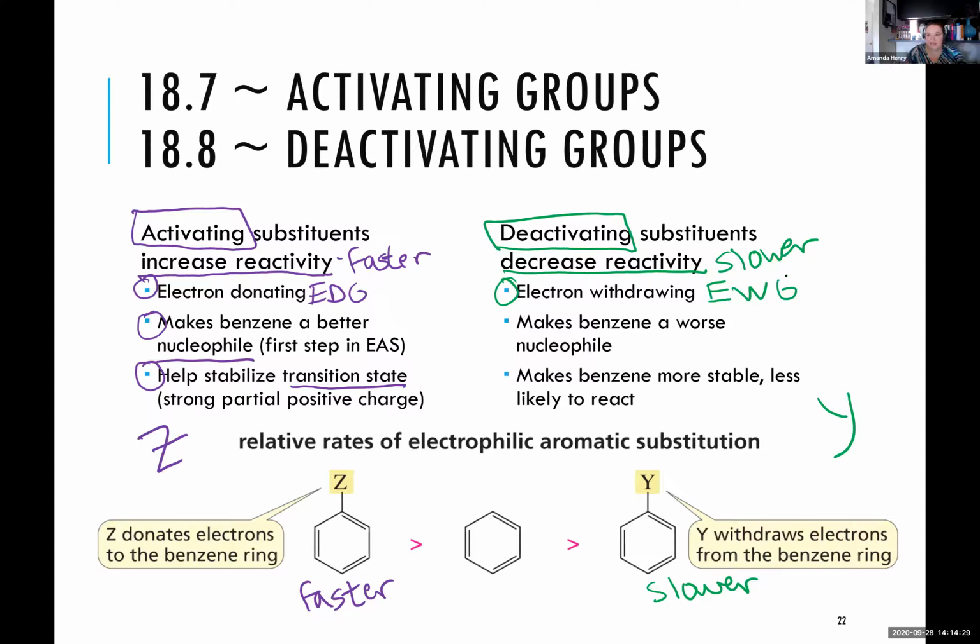And the reason why they're making the reaction go slower is essentially the opposite reason of why our activating groups are making the reaction go faster. Benzene needs to be a nucleophile in that first step. So if these substituents are withdrawing the electrons from that group, it's going to make benzene worse at being a nucleophile.